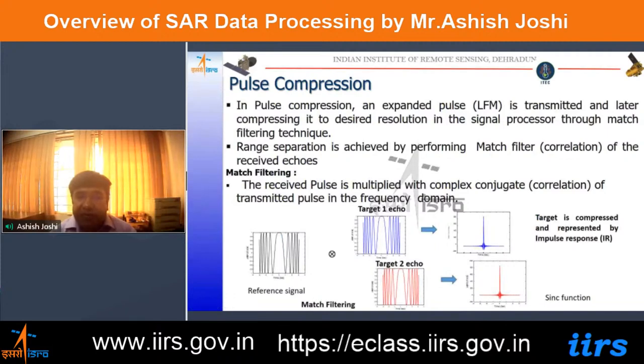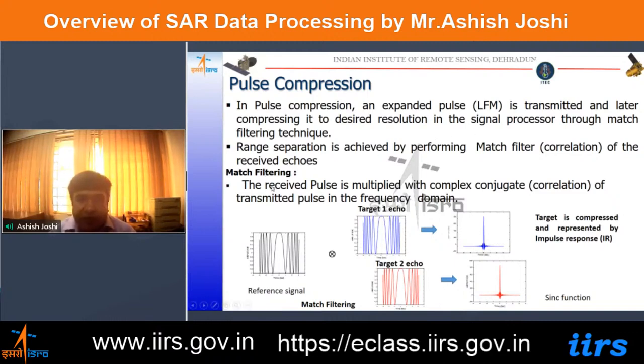So what is the pulse compression technique? In the earlier slide, I told you that to get a better range resolution, we use the LFM wave, the linear frequency modulated signal with varying frequency. The radar will transmit the LFM signal, and on the ground we use the matched filtering technique to compress this LFM wave.